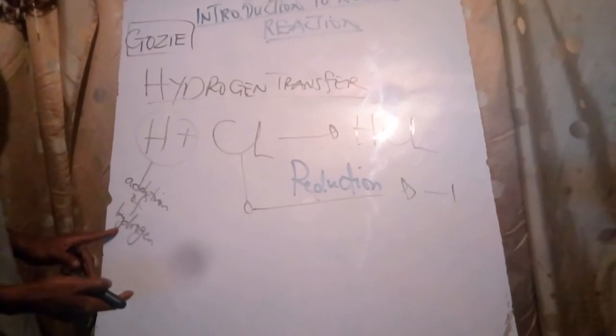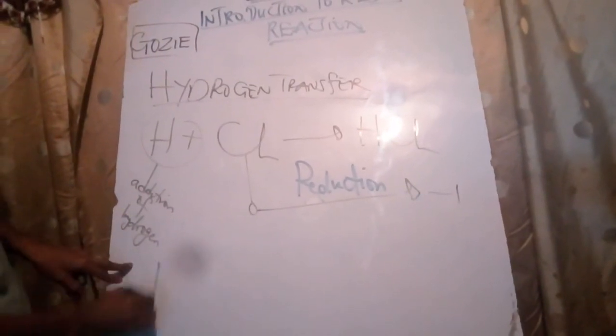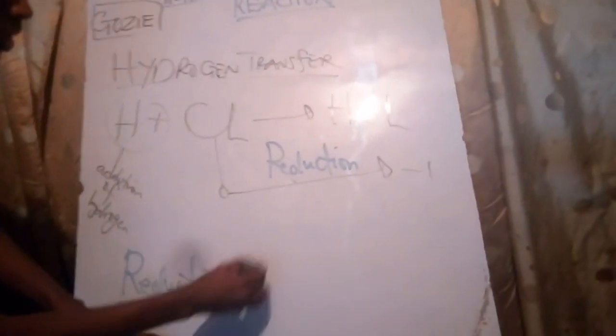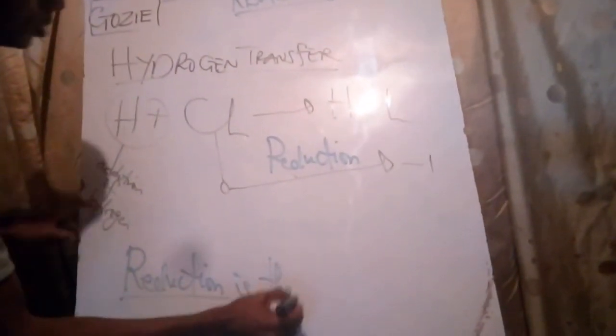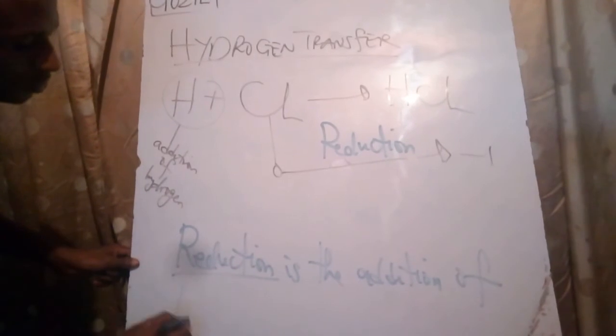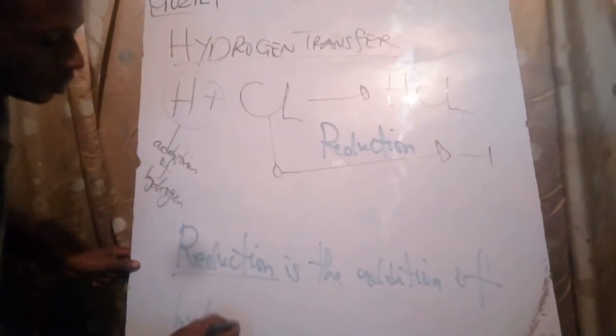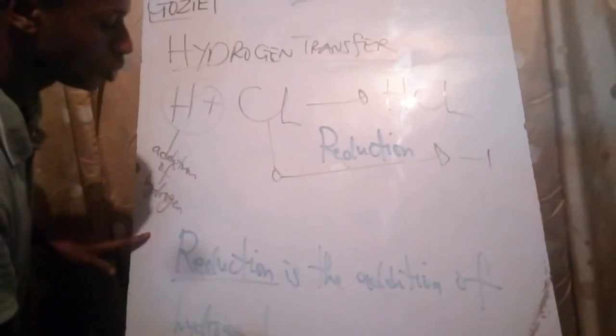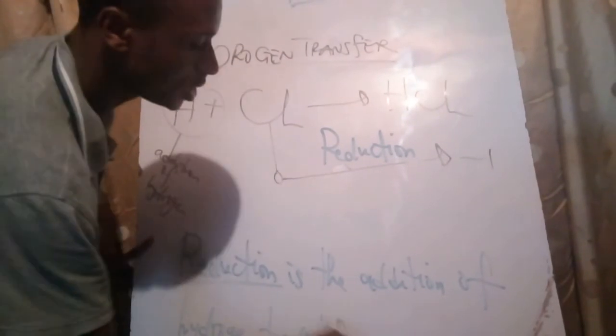Okay. Now, what is the cause of this reduction? Addition of what? Hydrogen. Now, I can infer that reduction is the addition of hydrogen to a species.